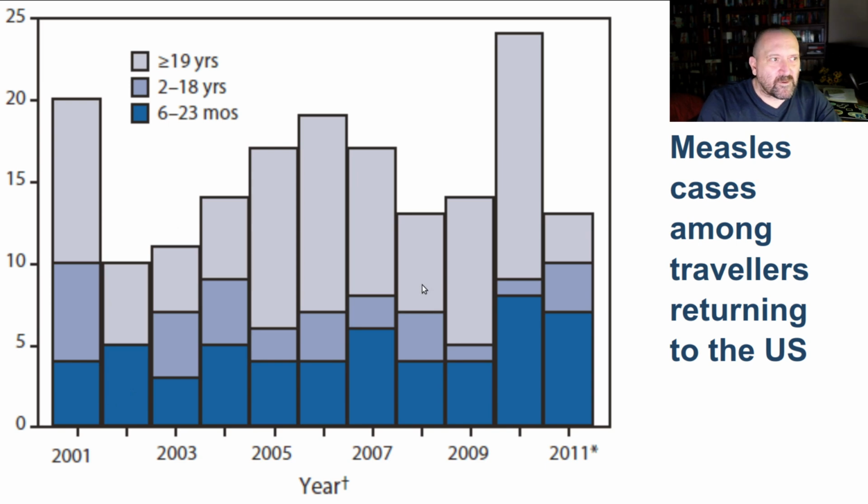This is not very precise, but you can see that for example kids aged 6 to 23 months, which is a very small portion of the population, do represent a sizable fraction of the cases occurring in a given year.